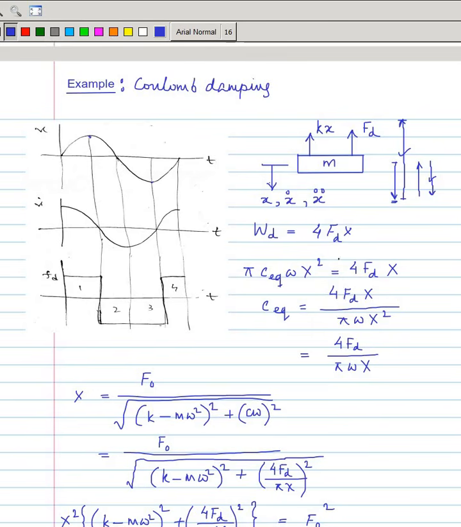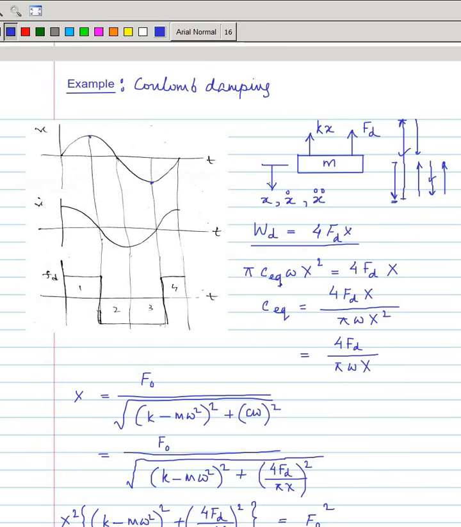So the total energy lost is this. Because this is one period, going from here to here, Fd now changes and becomes positive again, where x is coming from negative maximum to 0. Actually in a cycle, the total energy loss is this one.